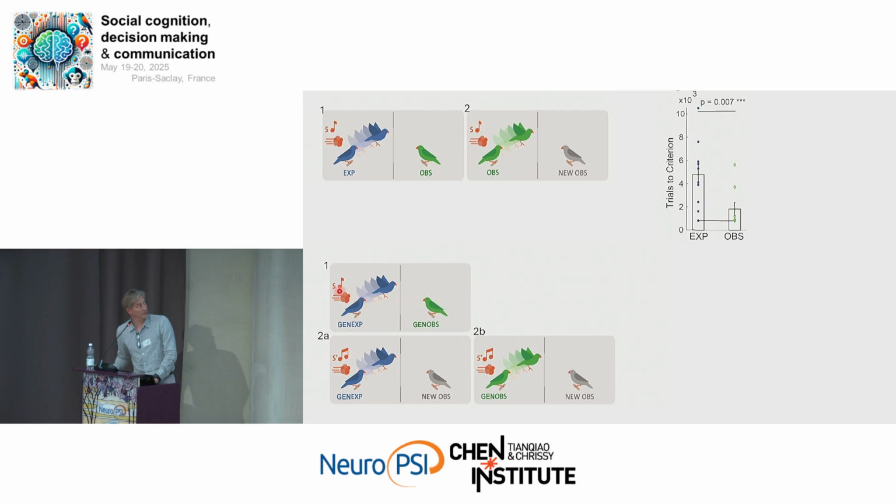They observed one type of stimulus and then were tested on the other. Here, surprisingly, the experimenters were almost all perfect. They did it in the minimum time. And the observers were as bad as naive. It took them on average about 5,000 trials, which is like the naive birds.